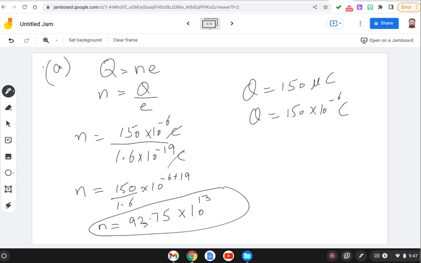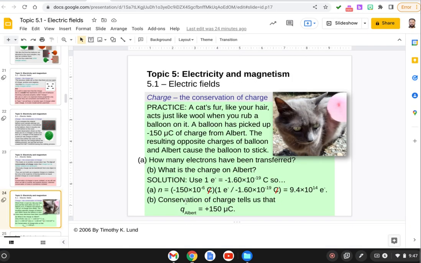Okay, so see now, in the question it is written that minus 150 coulomb goes to the balloon. So part B is what is the charge on Albert? The charge on Albert is of course the same, as I told you.